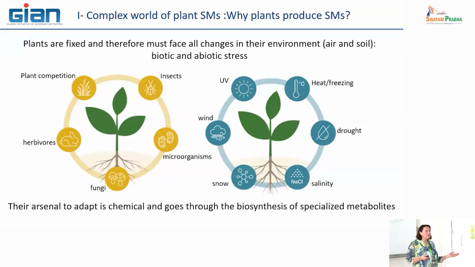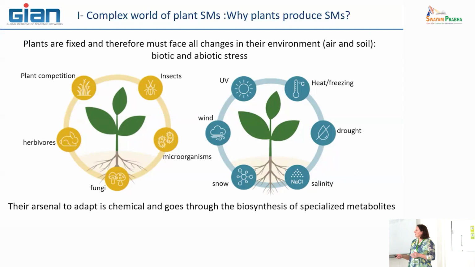You can completely miss a large part of the capability to produce some specific metabolite. So we need to put the plant in several types of environment in order to have a complete idea of its capacity for metabolite production.